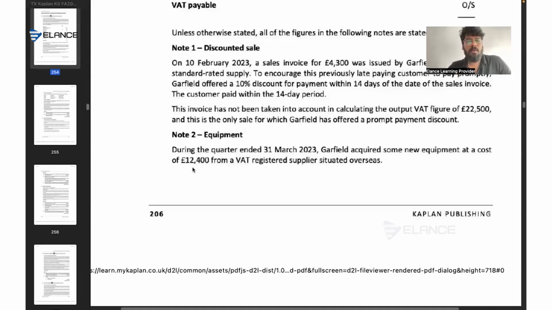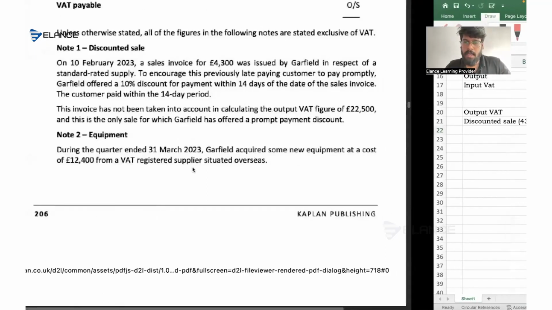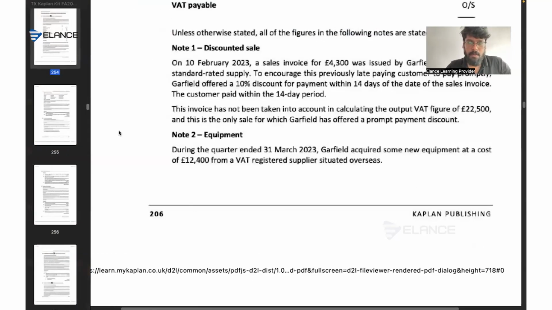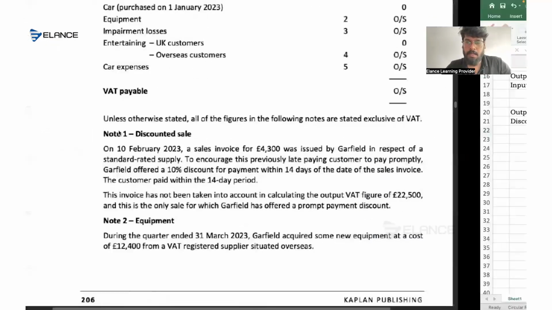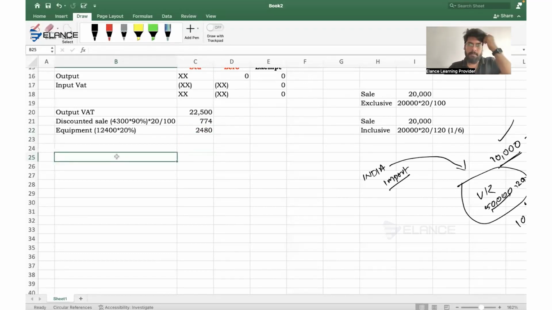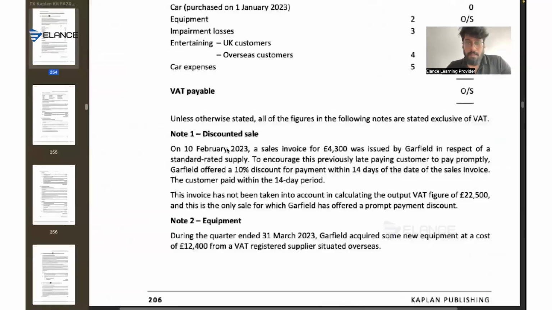So 12,400 into 20% is the amount Garfield should pay to HMRC as output VAT at the time of importing that equipment. Okay, so let us move to the next thing.